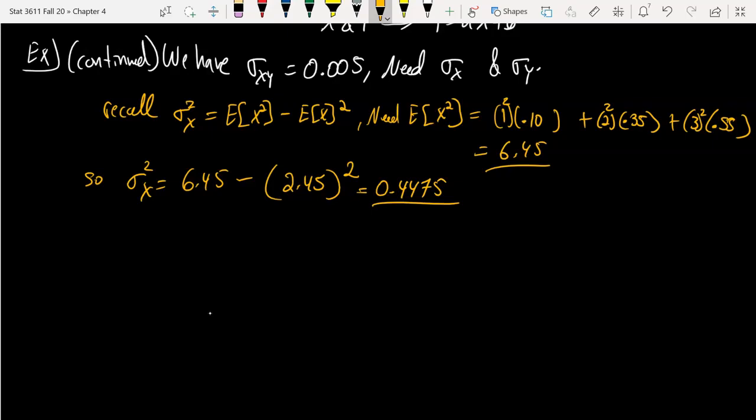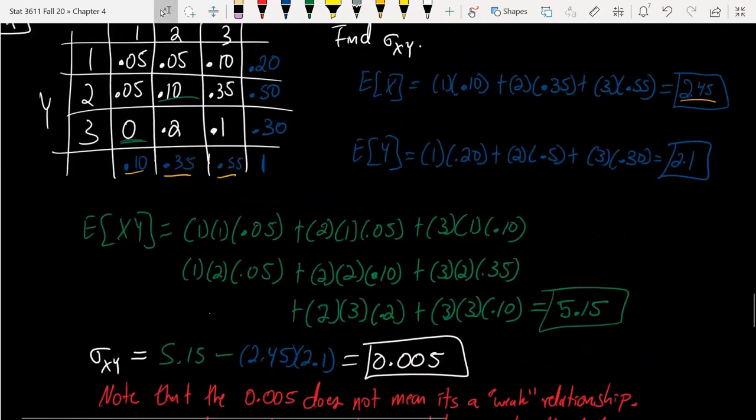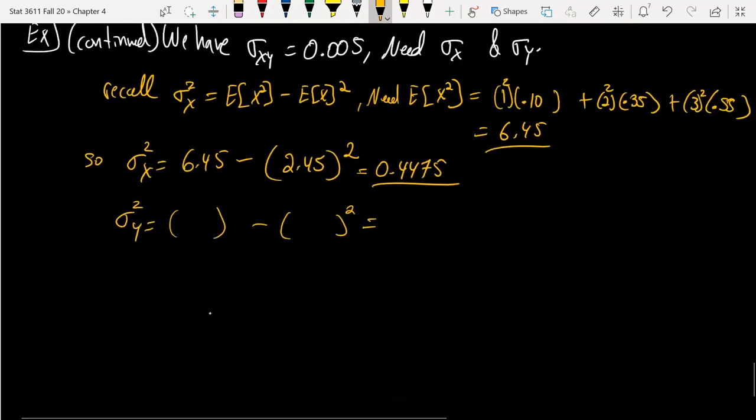We also need the expected value of y squared to get the variance of y. So the variance of y is the expected value of y squared minus the expected value of y quantity squared. The expected value of y is 2.1. What's the expected value of y squared? Remember, y can take on the values 1, 2, and 3 as well.